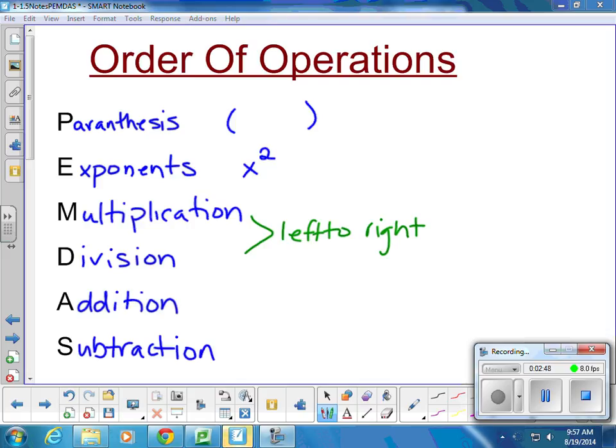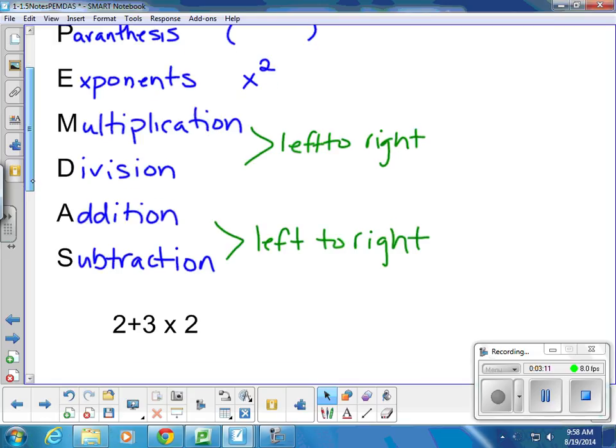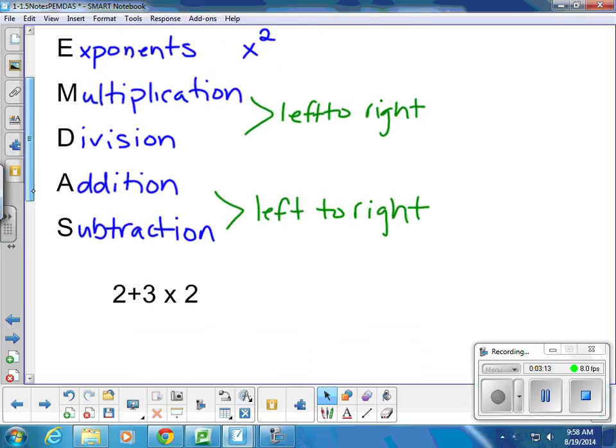Those are also going to work in whichever order you see them from left to right. Okay, and we'll look at some examples of how this should look once we actually see a numeric expression in front of us. We know the word numeric means number, and expression is kind of just like a number sentence. Like if you express something, you say it in a sentence.